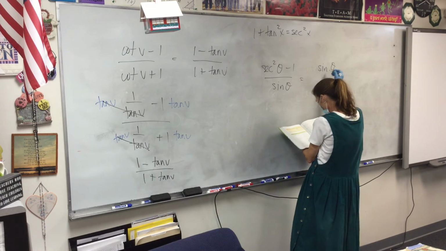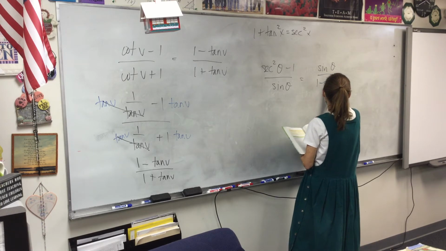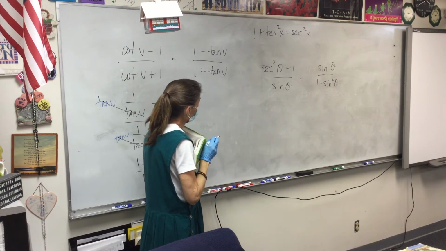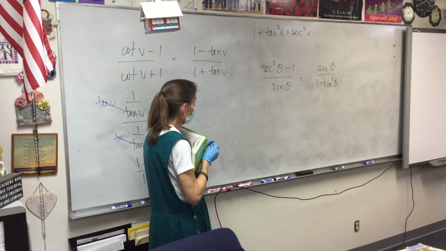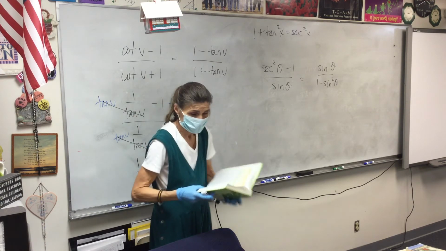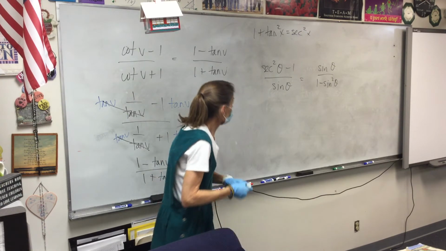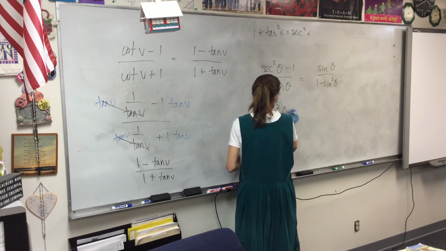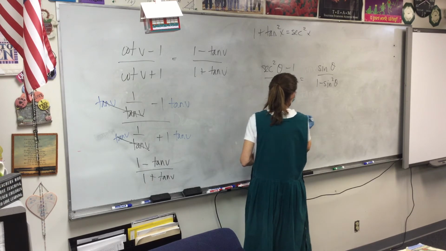So sine over 1 minus sine squared. My numerator is an identity. What is secant squared minus 1? So I've got tangent squared over sine.